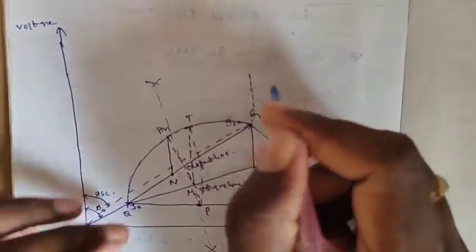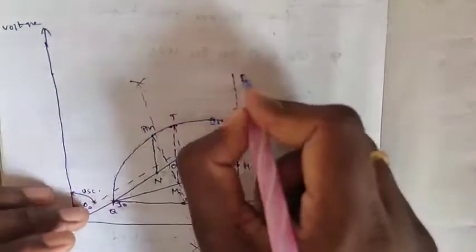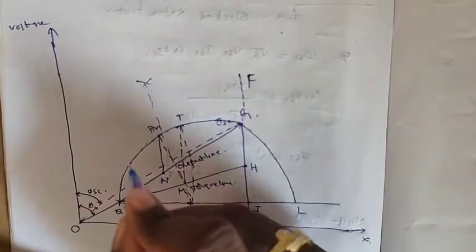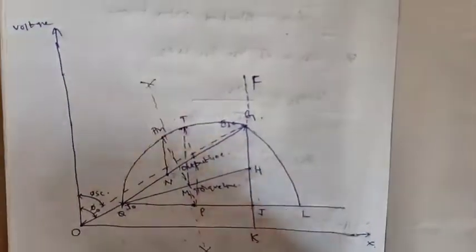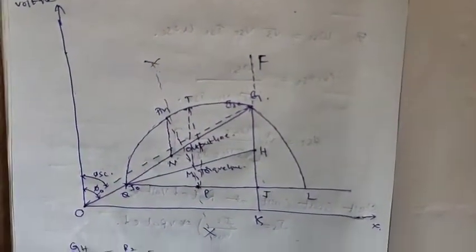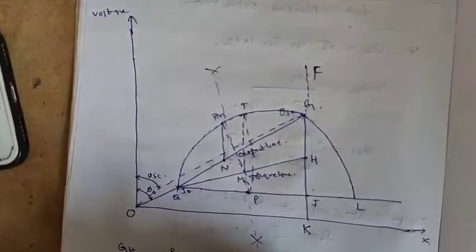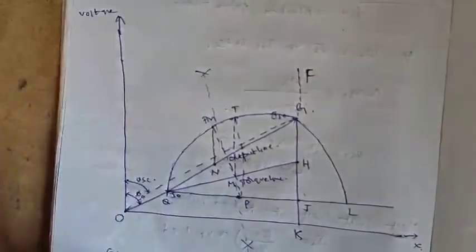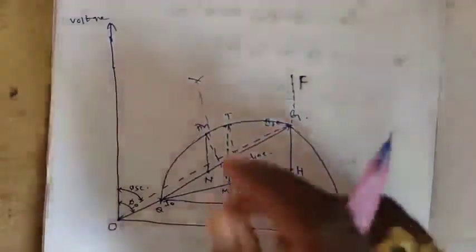We have to extend the point, that is F. By using the set squares, we draw one parallel line to the output line.